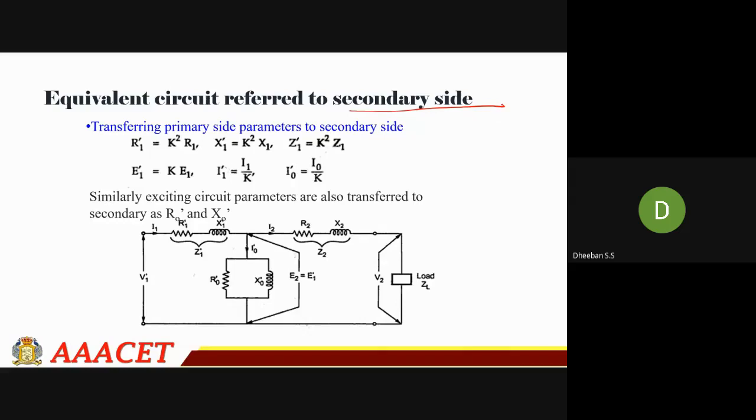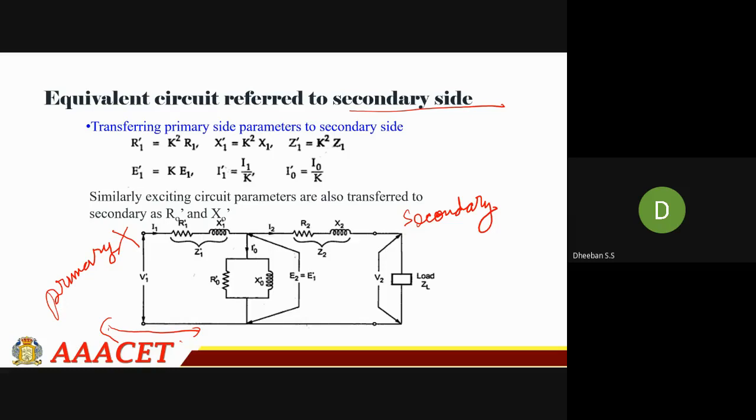Here, there won't be any primary. Primary is absent, and this is entirely filled with respect to the secondary. So these are the two cases for your equivalent circuit.